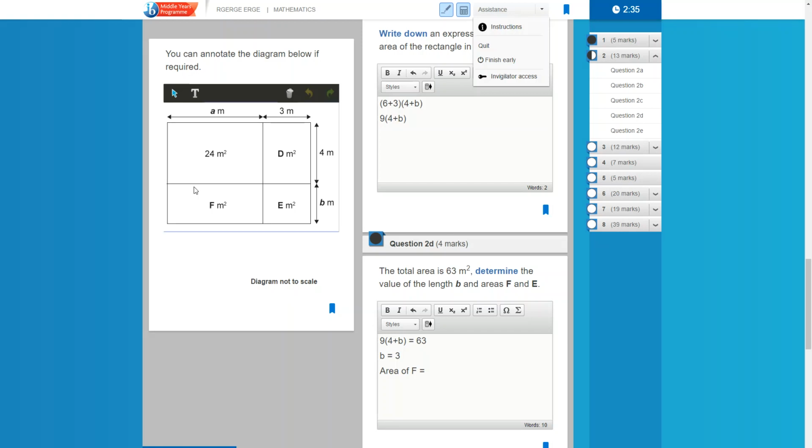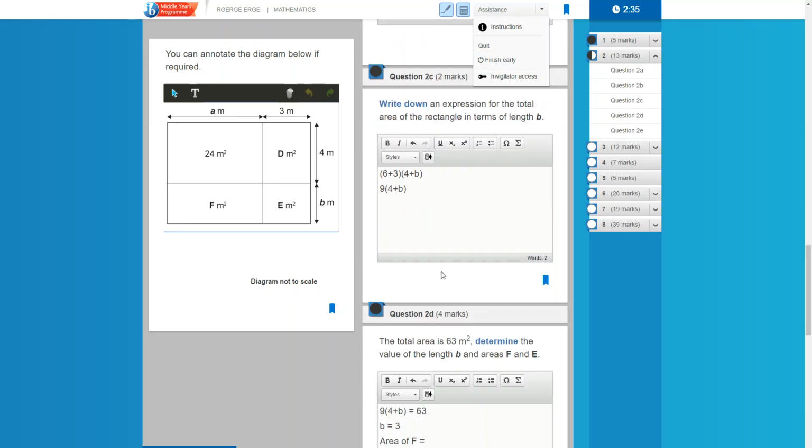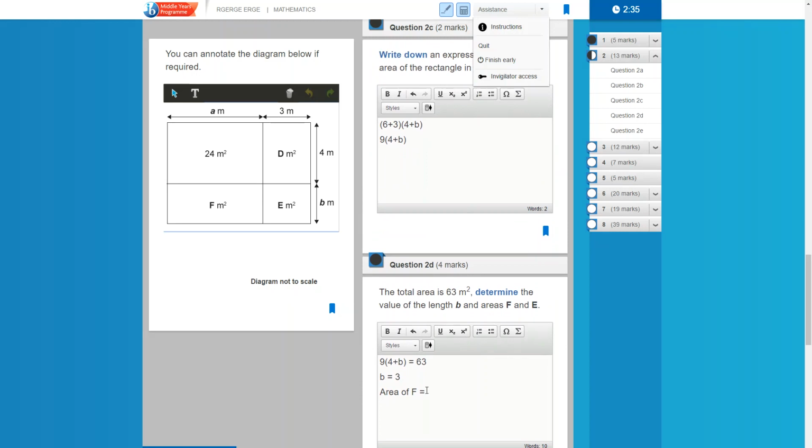So the area of F is A times B. A is, we've worked out, 6, and B is 3, so that is 18. And the area of E is 3 times 3, which equals 9.